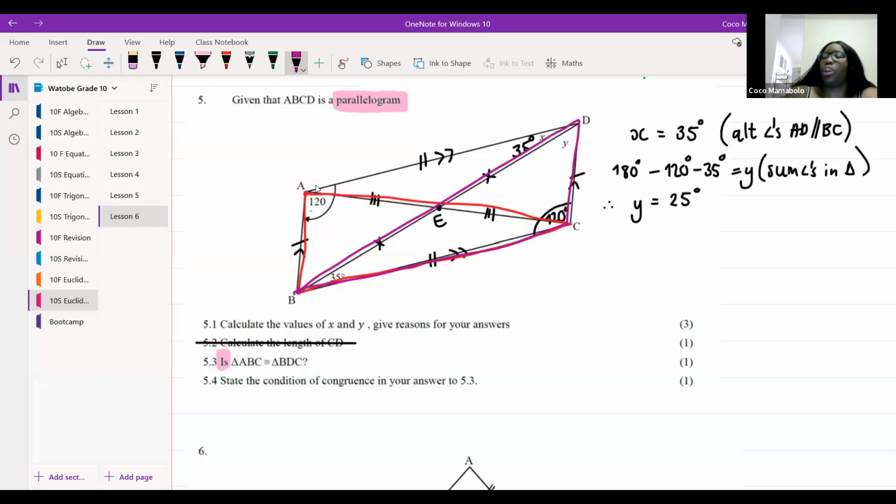Do you think that we're going to get what we're looking for from this? Yes, ma'am. If you're saying that this is congruent, we need to prove that it is. What is the condition that we're going to use for congruency? Ma'am, side angle side.